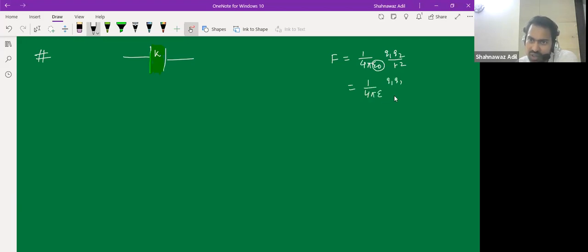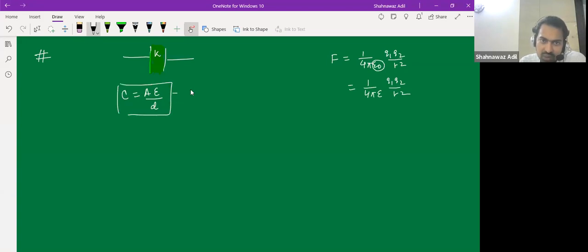So similarly, in our case, when we put a dielectric constant, this C, which was A epsilon naught by t, will change to A epsilon naught K divided by t.